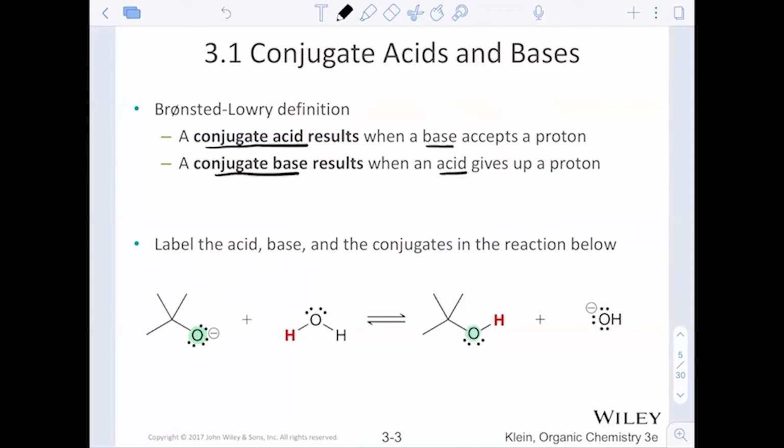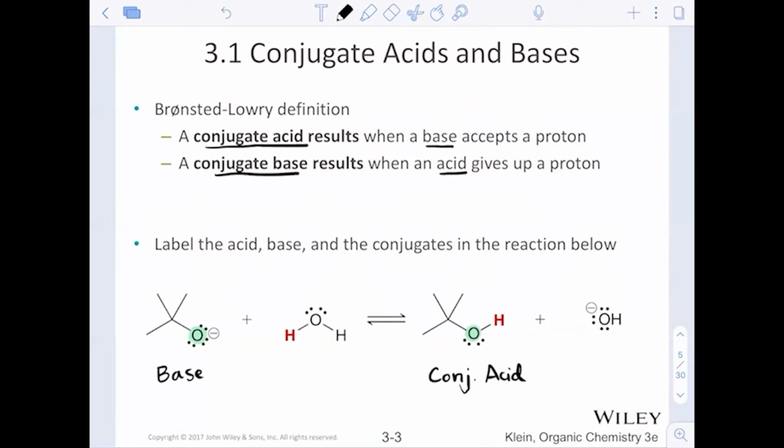Well, that oxygen must have gained a proton. He had a negative charge and no hydrogen, and now we see in the product that he accepted a proton. So oxygen minus on the reactant side is the base. What it becomes on the right-hand side, on the product side, is the conjugate acid.